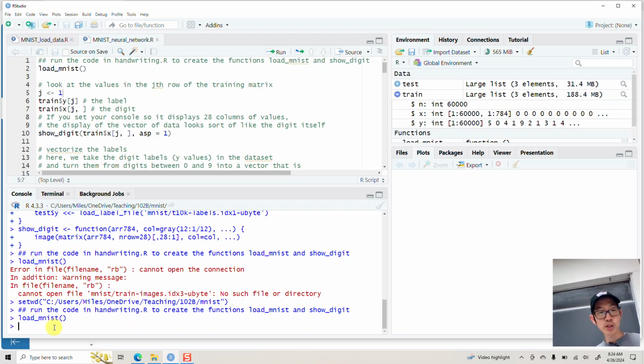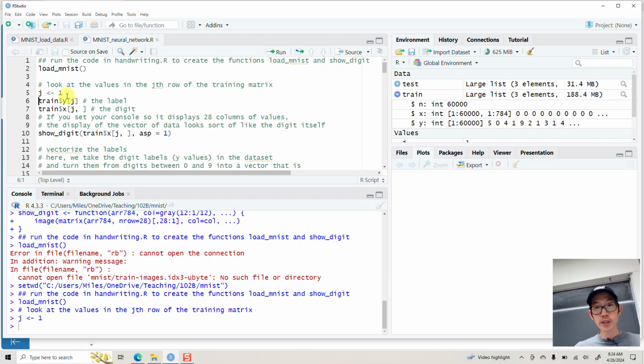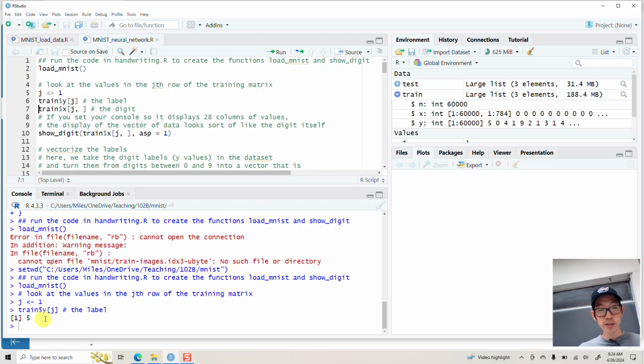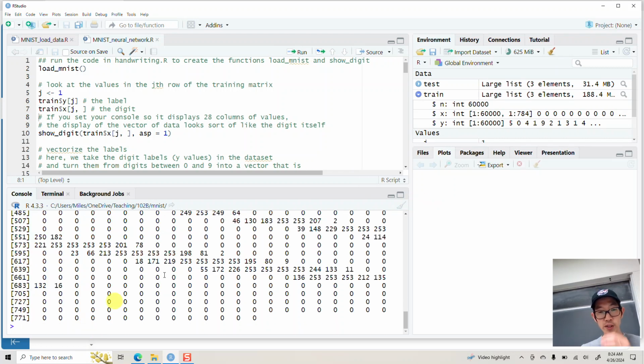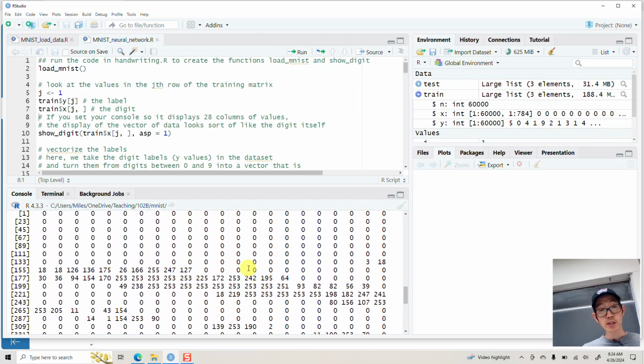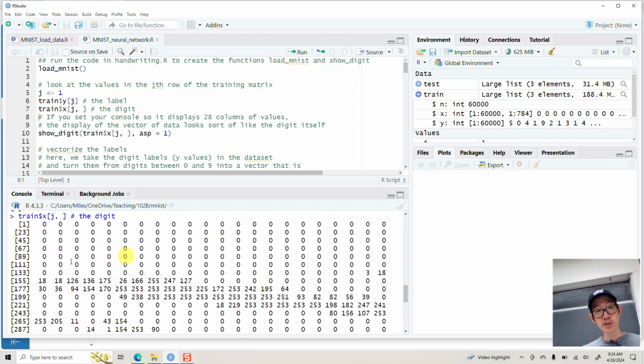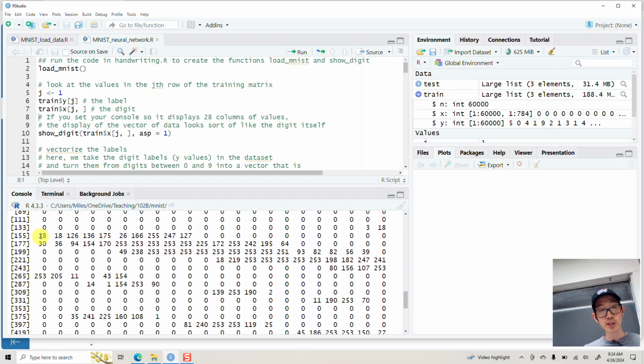Let's look at the first image, and the corresponding label is going to be a 5. The digit is stored as a vector of 784 values. You can see we have a whole bunch of zeros, and then the 153rd value is a 3, then an 18, 18, 18, 126, and so on.